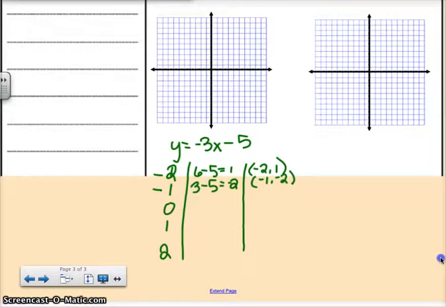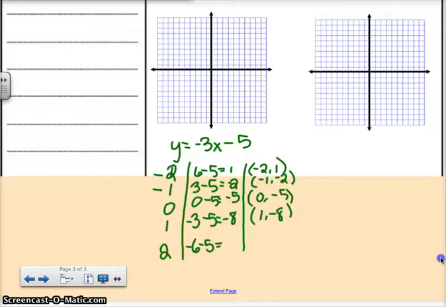Put the 0 in. -3 times 0 is 0 minus 5, which is -5. 0, -5. -3 times 1 is -3 minus 5, which is -8. 1, -8. -3 times 2 is -6 minus 5, which is -11. 2, -11. Now I graph it.